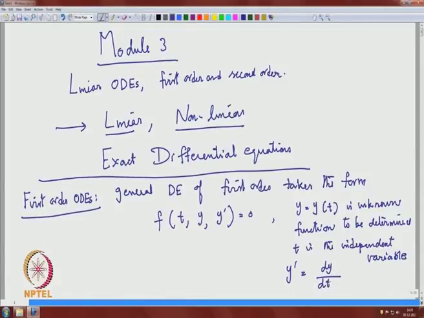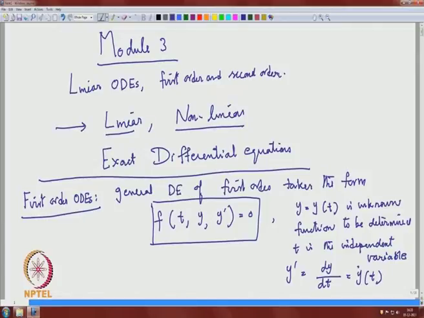There are different notations for the first derivative: y prime, dy by dt, and also y dot of t. You will use various notations according to convenience, comfort level, and the way it is written.